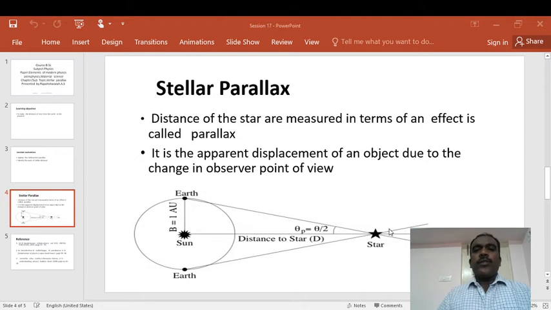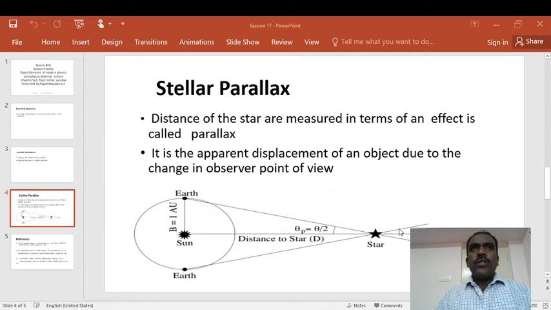Before the stellar parallax, in the earlier class we discussed the basic different units of stellar distance. In astrophysics, we study the physical properties of celestial bodies like stars. What are the physical properties?